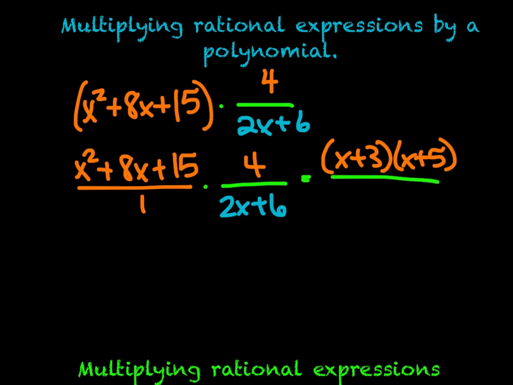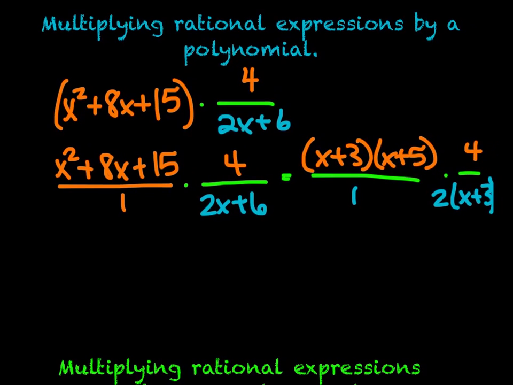As well, on the other side of that, we still have a 4. And on the bottom, there's still a 1, and we have 2 times x plus 3. So we have all of that. After that, we can cut the fluff. We can get rid of all the extra stuff. If we look at this, we actually have an x plus 3 in the top part of our equation and in the bottom.